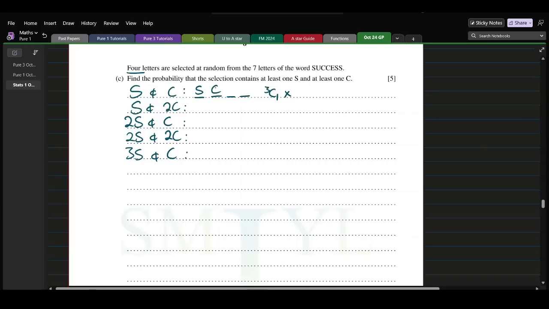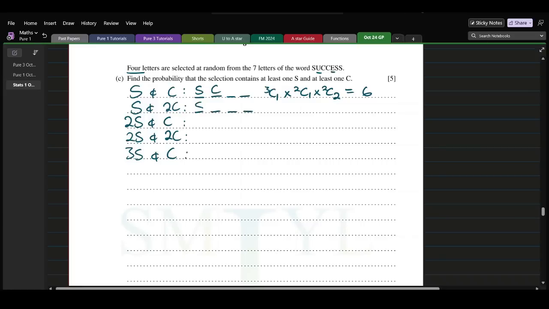And then we've got a total of 2 C's, but we're only selecting one of them, so that's 2 choose 1. The remaining letters that are neither an S nor a C are U and an E, so there are 2 slots that they can go into, so that's 2 choose 2. If we punch that into the calculator, that would be 3 times 2 times 1, so that's 6.